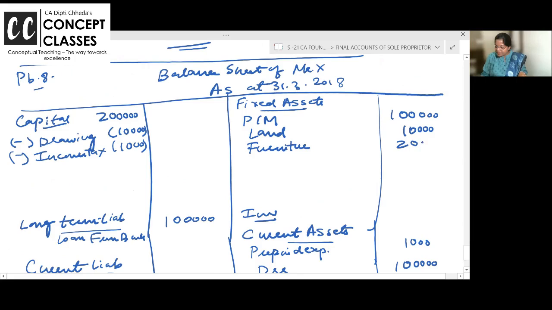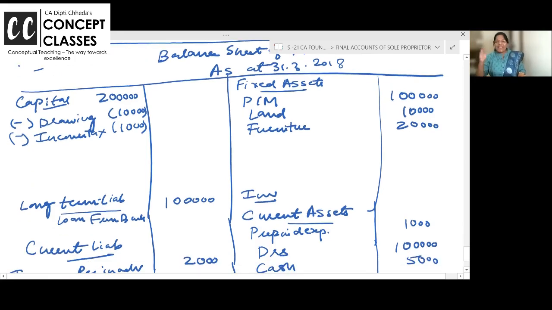चलो, asset side first item is furniture, 20,000. Now you have accrued income or income receivable or outstanding. All names are same. Accrued income is income which is due but not received. So it's your asset now. Accrued income means fees receivable from student to student.